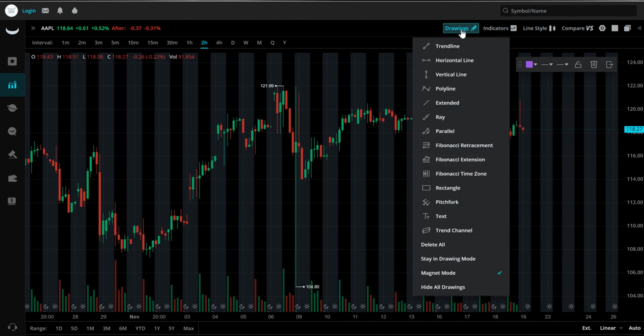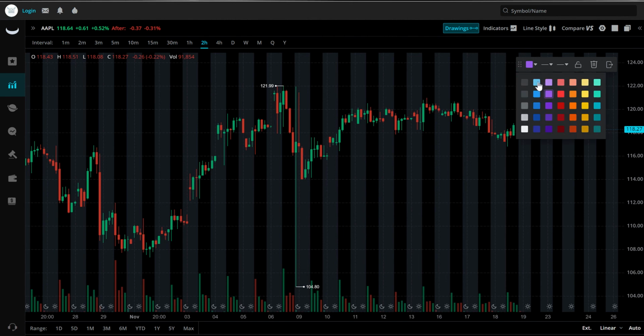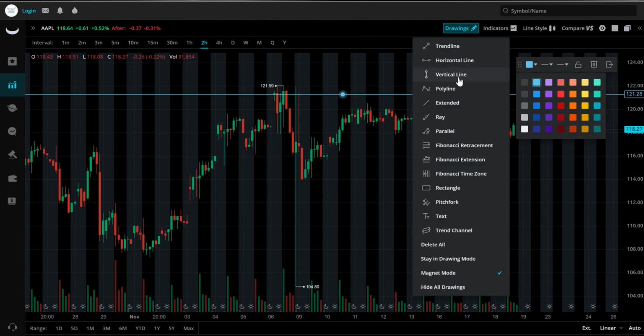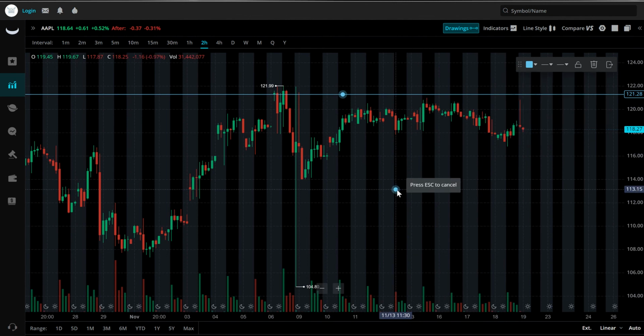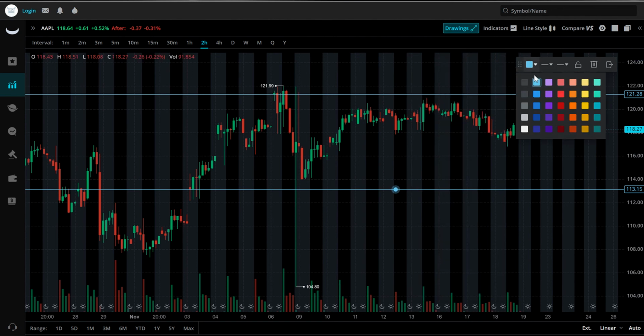So a minimalist chart, you'll see things like support and resistance, which will be your horizontal lines again, like this. You'll see trend lines. And this will look like this.